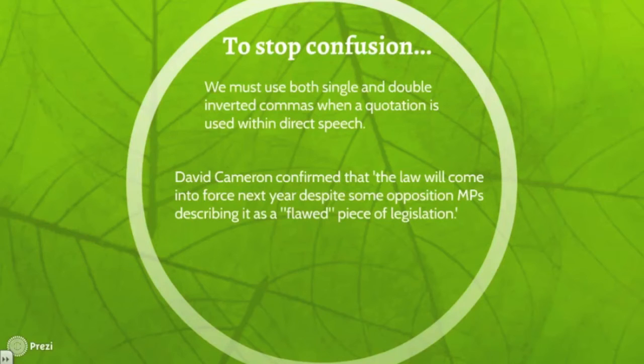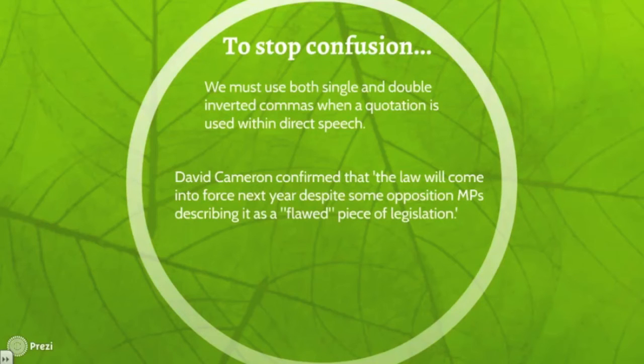So here we've got the piece of writing, David Cameron confirmed that the law will come into force next year despite some opposition MPs describing it as a flawed piece of legislation. So we've got David Cameron's words there, the law will come into force, so those are his words, but then he's described in what he's said that some MPs have said that the legislation is flawed.